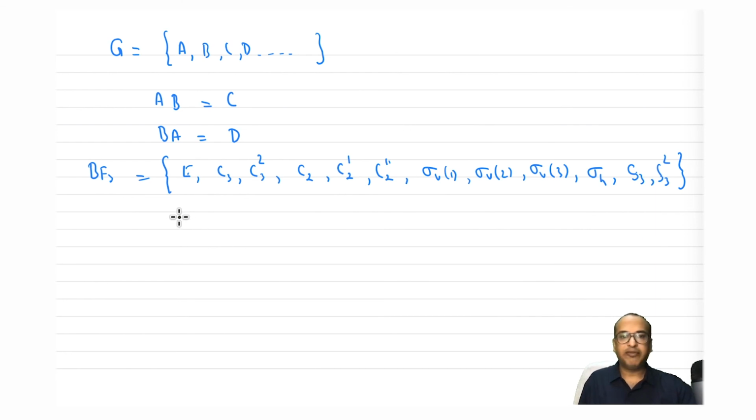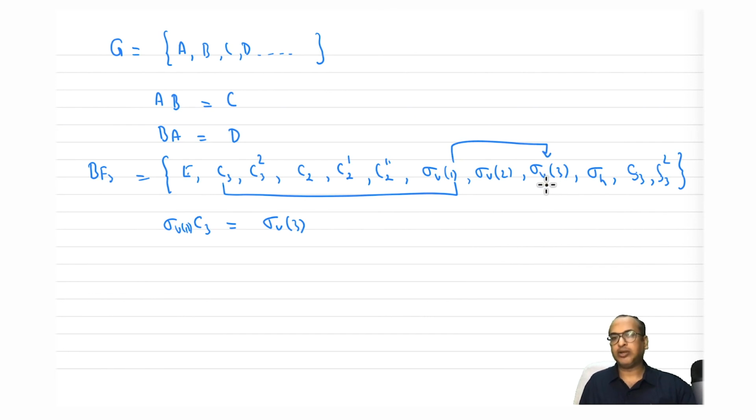For example, if I combine C3 and then sigma v1, as we have seen earlier, we get sigma v3, which is already present in this group.